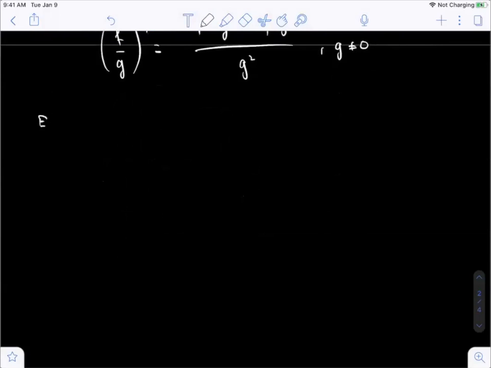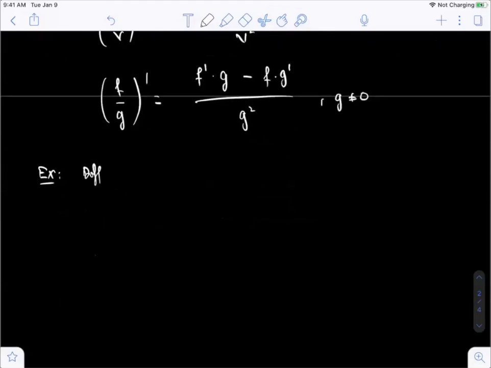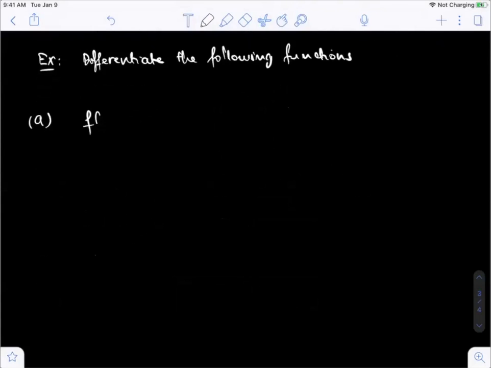So example. Differentiate the following functions. Let's say part A, f of x equals x squared plus x minus 2 divided by x plus 3. Just like the product rule, try to identify what is the u function and what is the v function.